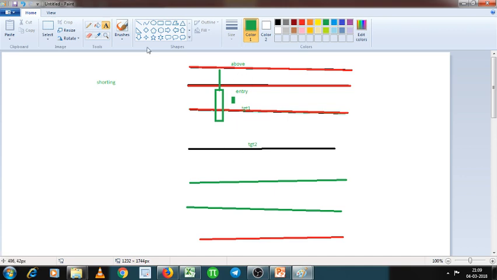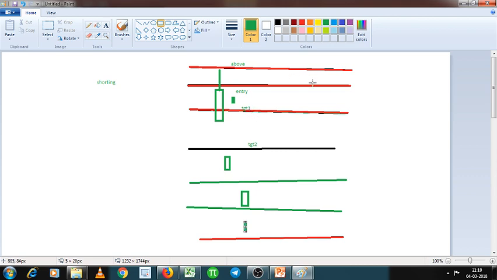So regardless of price, regardless of whether price opens here, it can be any pivot point. It doesn't matter at all. The only thing you have to consider here is that these lines are important. It can be a green line, or it can be a red line. Though it is a red line, if price is above this particular level, if it is going to come back, it will automatically act as another support.